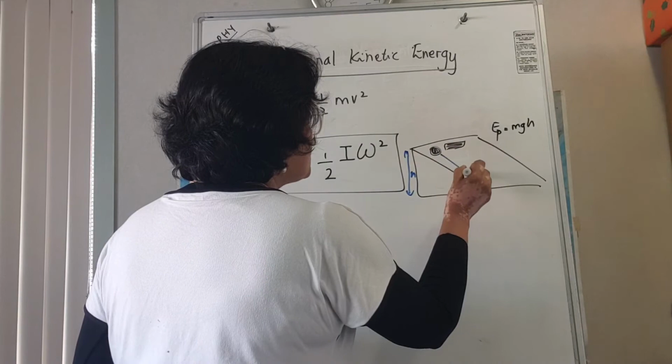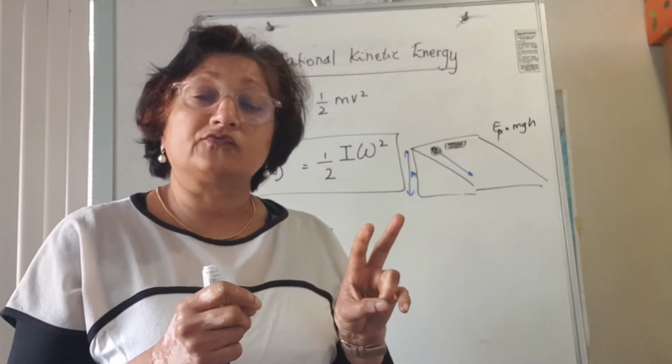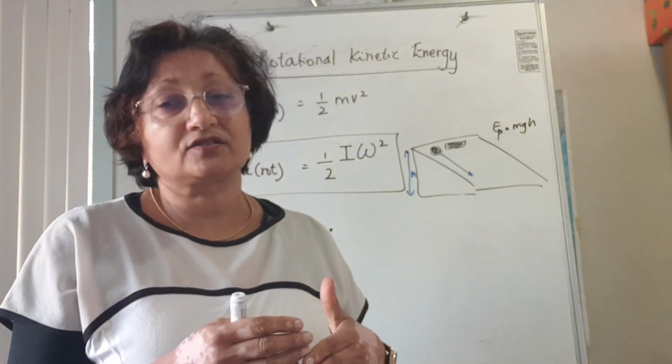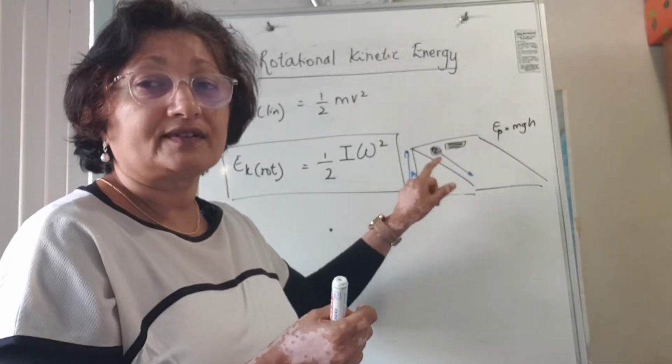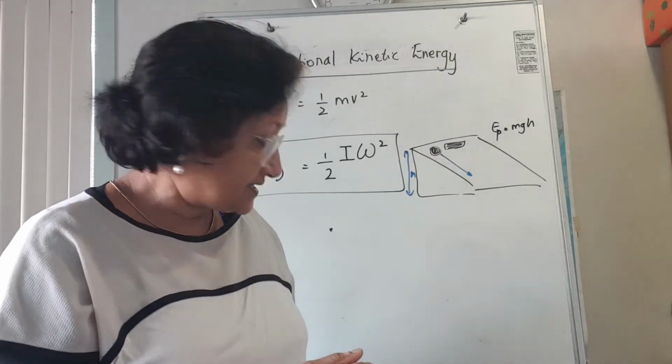And when they roll down, their gravitational potential energy has been converted to two forms. It's been converted to both linear kinetic energy as well as rotational kinetic energy. And the one with the greater proportion of linear kinetic energy will be the one that reaches the bottom first.